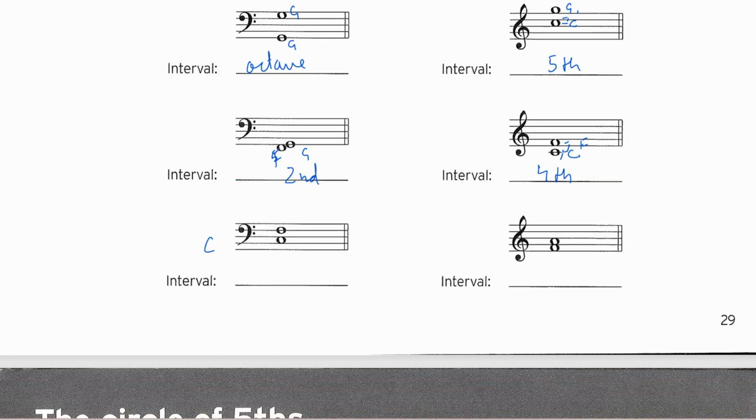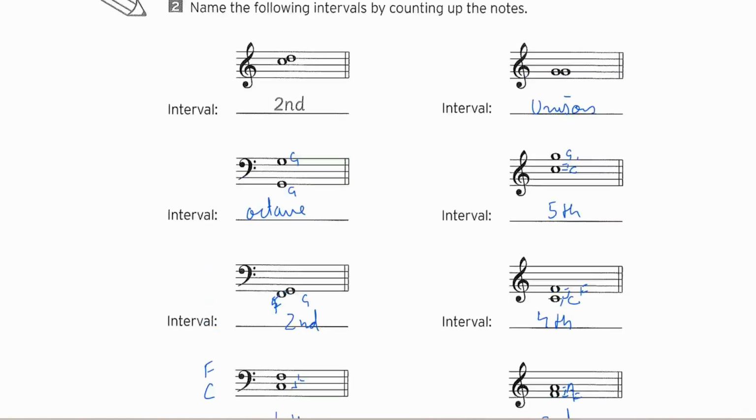So this is C and C to F. So we go 1, 2, 3, 4. This is again a fourth. Next, this is treble clef, this is your F, and that's your A. So this is 1, 2, and 3. So this is a third. I hope you understood this one, the intervals.